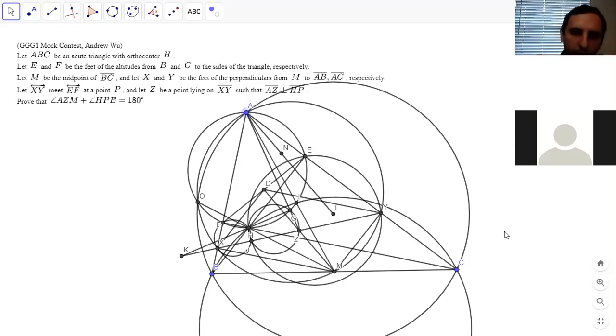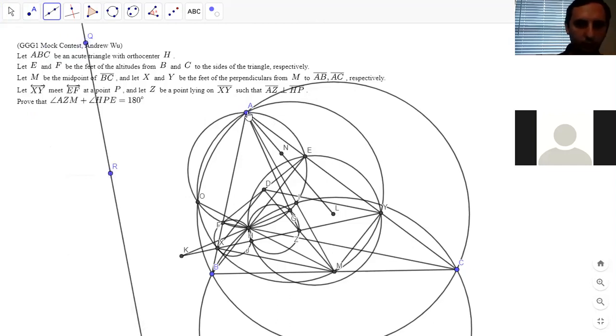So maybe that might make the radical axis theorem a little bit easier to apply. So are AO and K collinear? I don't think so, because I think that would pass through a different point.